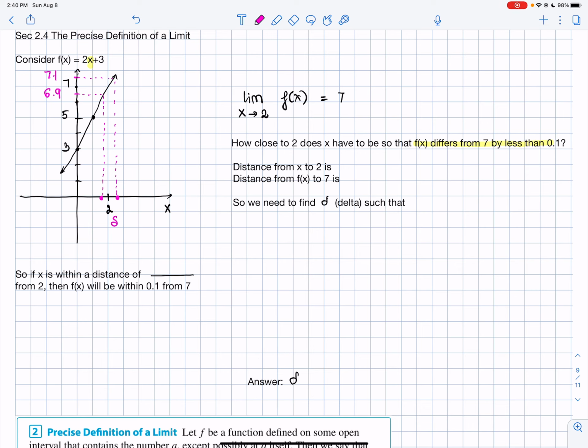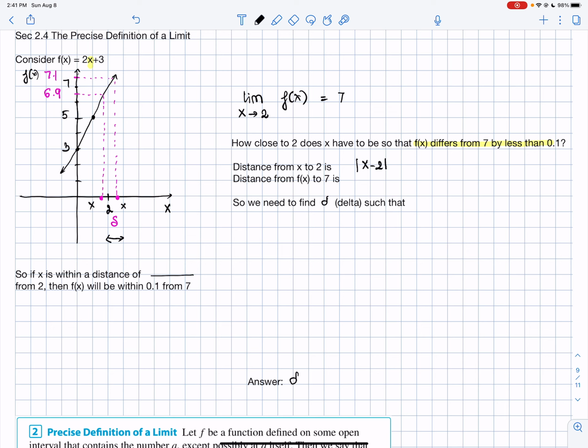Okay, so here is the process of how we begin. We have the x value on the x-axis. The distance from 2 to x is the absolute value of x minus 2. And this is f of x, between 7.1 and 6.9.